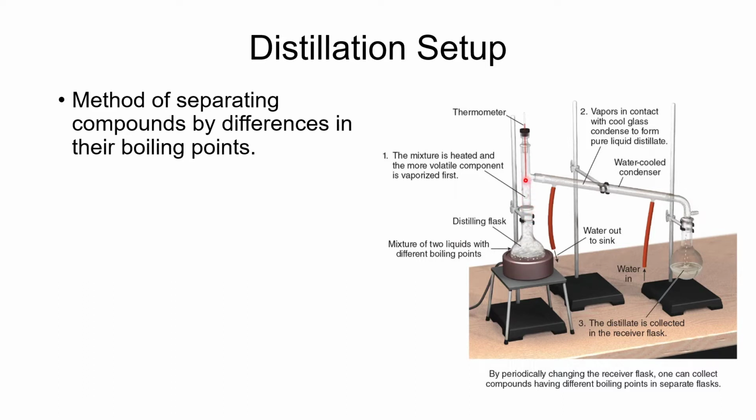And then if you measure the temperature as the stuff's coming over, you can tell when you need to switch out the collection flask so that you can collect the other material. And this is just a handy way of separating things that have different boiling points. This is a fundamental organic chemistry lab skill, something that you need to know how to do. And so this is one that we do in the lab.